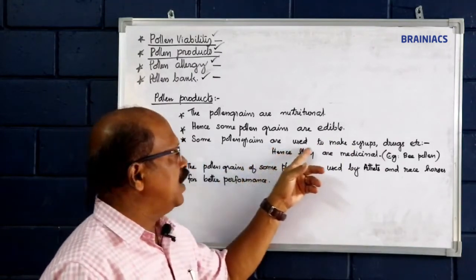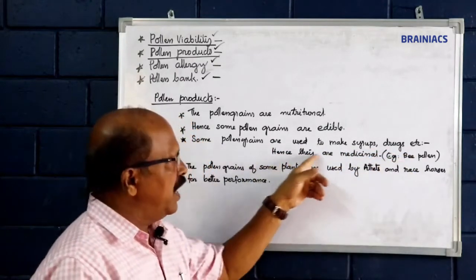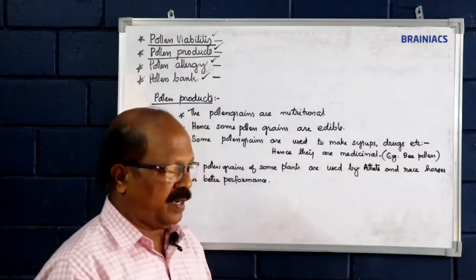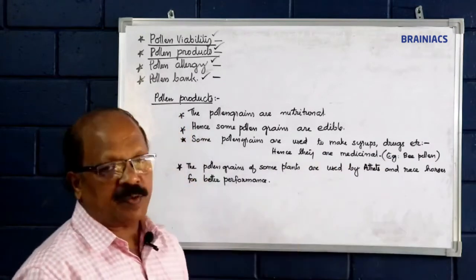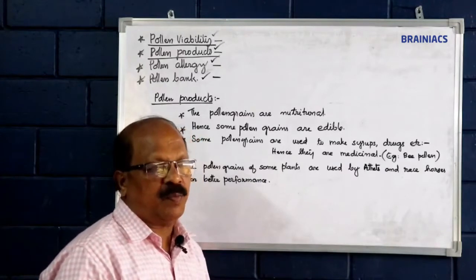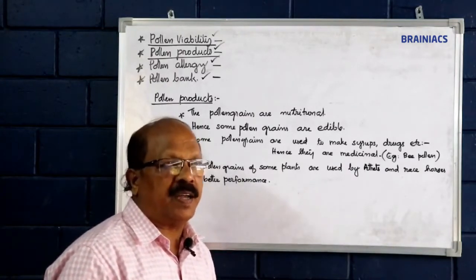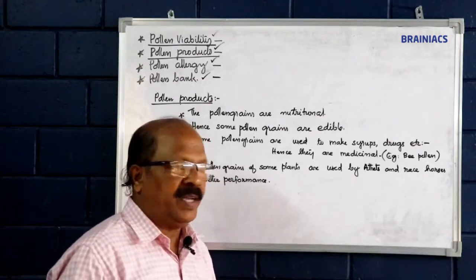Some pollen grains are used to make syrups, drugs, etc. Hence, they are medicinal. Example, bee pollen. Bee pollen tablets will be there. It is highly expensive and moreover, it is used as a stimulant and for body health.